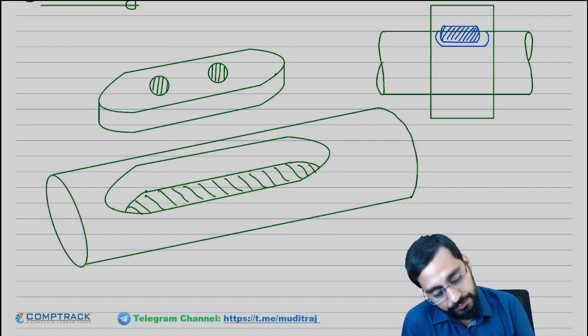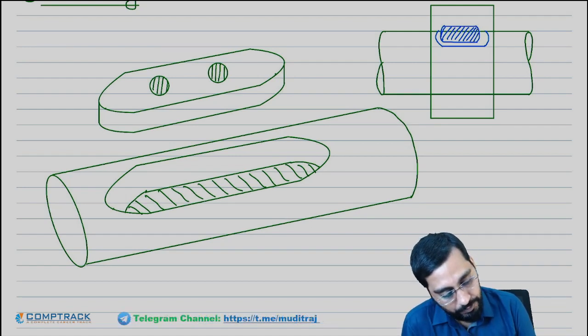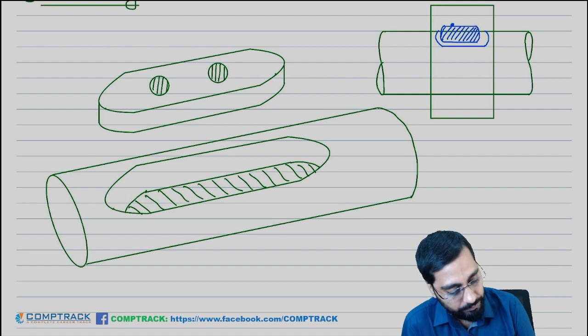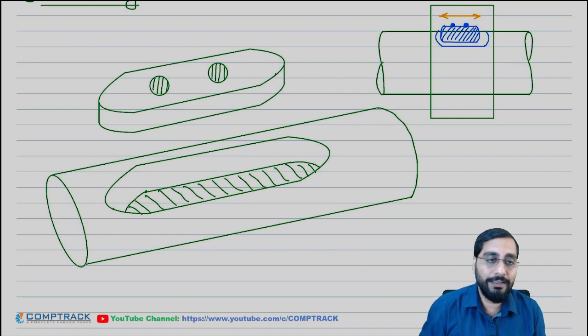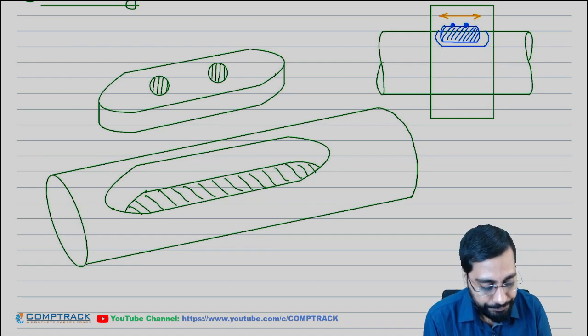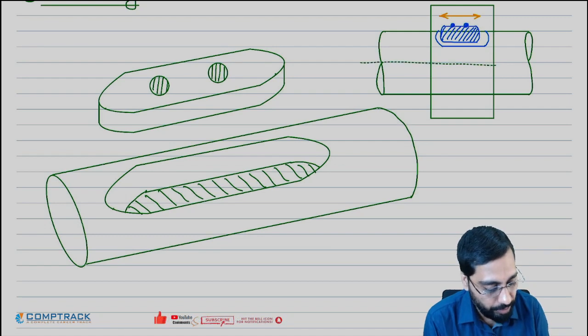Along with the key, this key will be fitted on the hub. So along with the key, this hub can have slight axial movement with respect to the shaft.